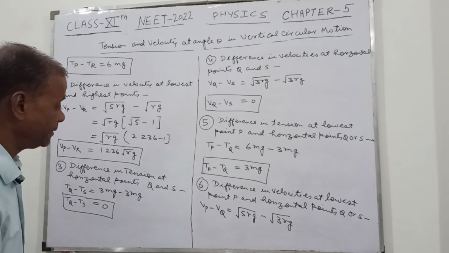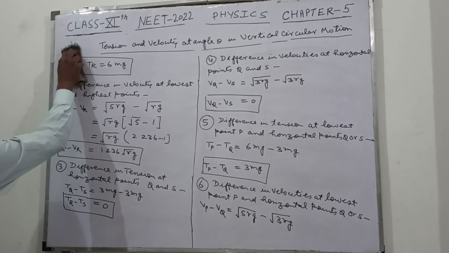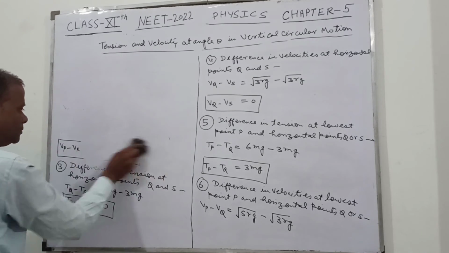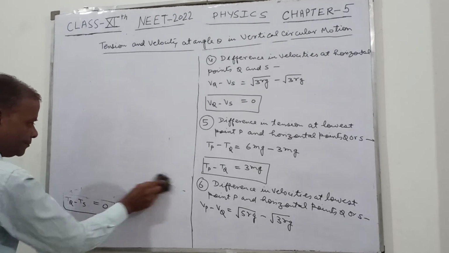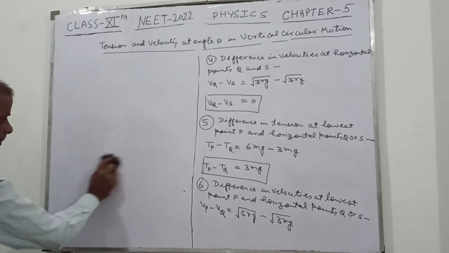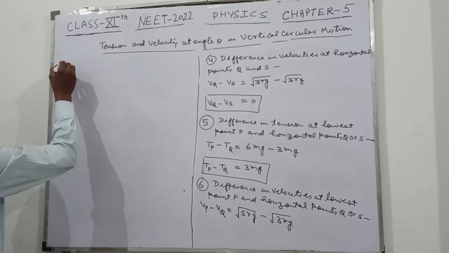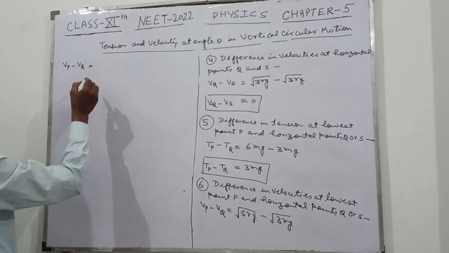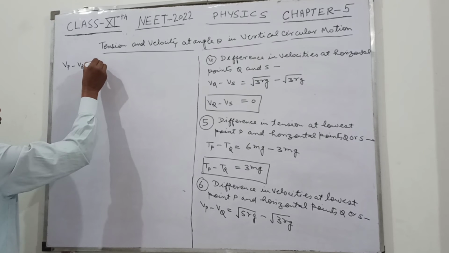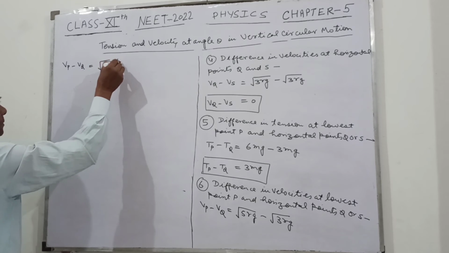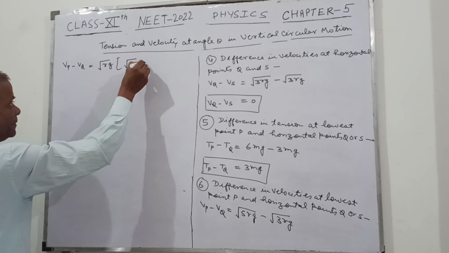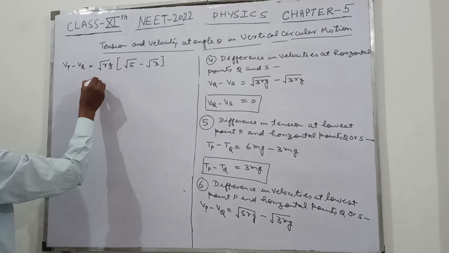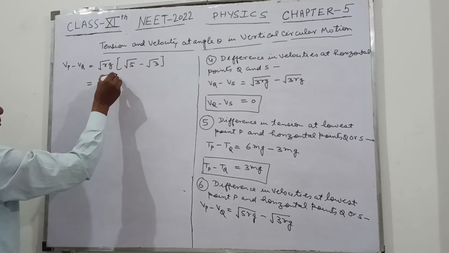Taking common square root of RG, this is square root of 5 minus square root of 3, so this is equal to square root of RG.